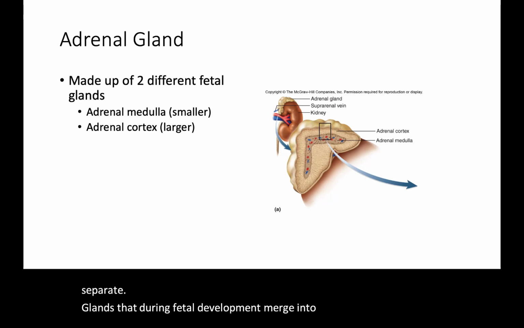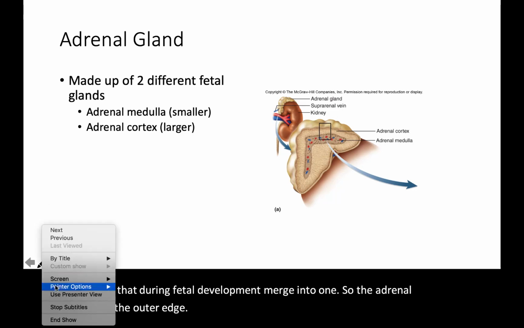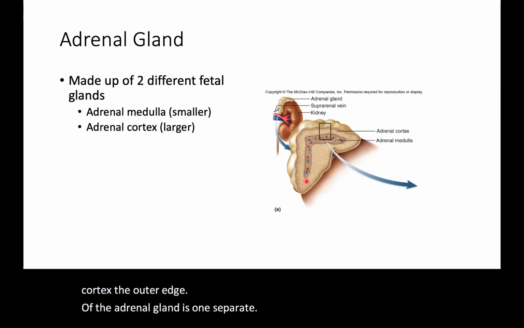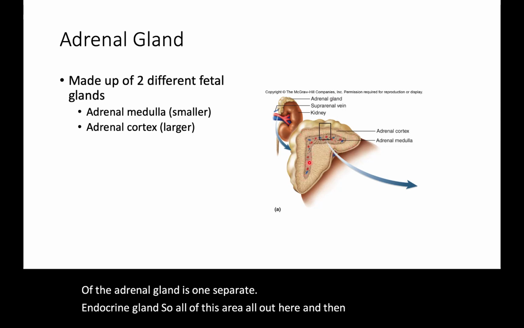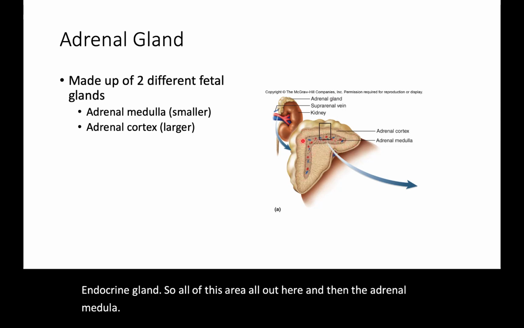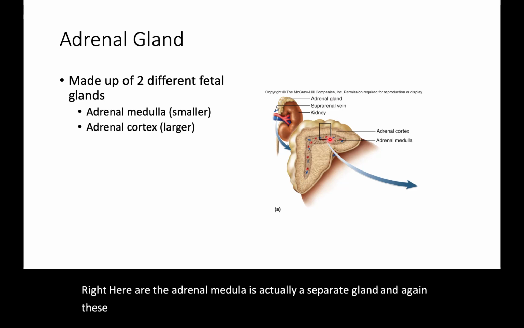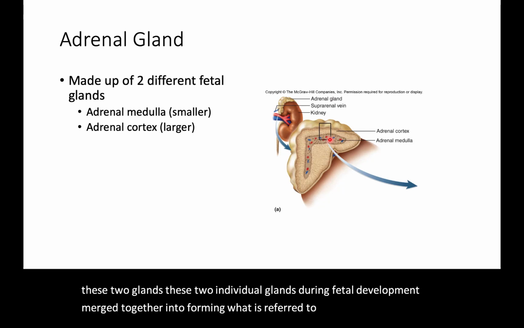So the adrenal cortex, the outer edge of the adrenal gland, is one separate endocrine gland, and the adrenal medulla right here is actually a separate gland. Again, these two individual glands merge together during fetal development into what is referred to as the adrenal gland.